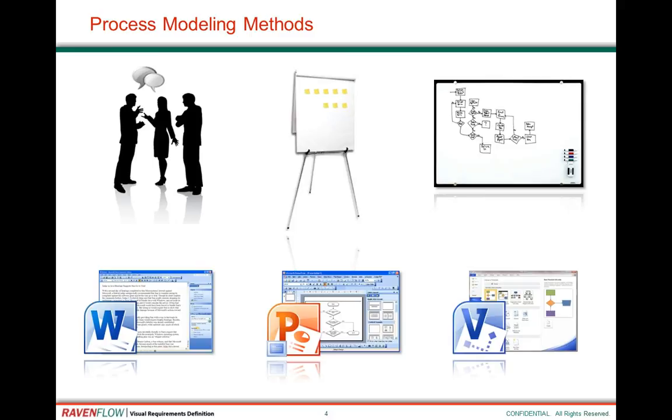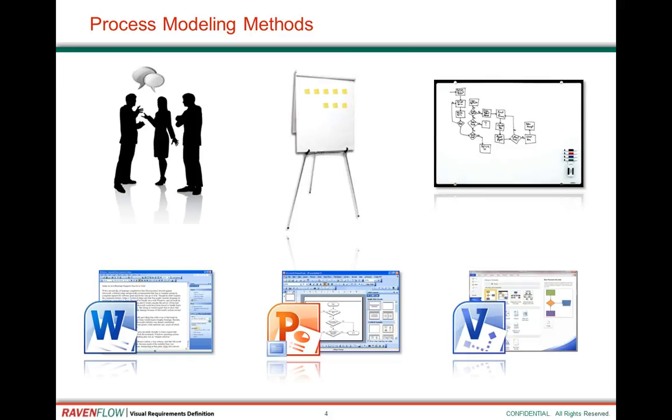And finally, the 3 graphics at the bottom of this slide show how many people involved in business process modeling have historically used the big 3 Microsoft Office products to do that work. Number 1 is Microsoft Word, where perhaps instead of drawing the process, they describe it as a narrative or as part of a specification document. Next up is PowerPoint, and you would be surprised at the number of users I encounter every day that continue to rely on PowerPoint graphics for drawing a flow chart or a process diagram because that's the tool they're most comfortable using.